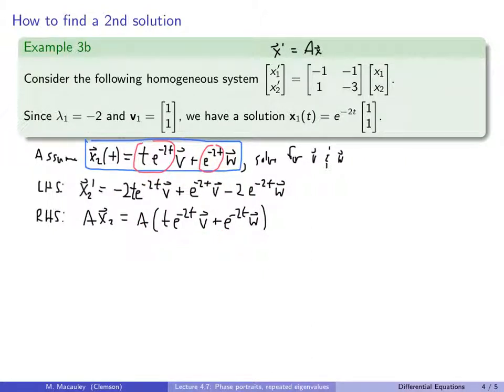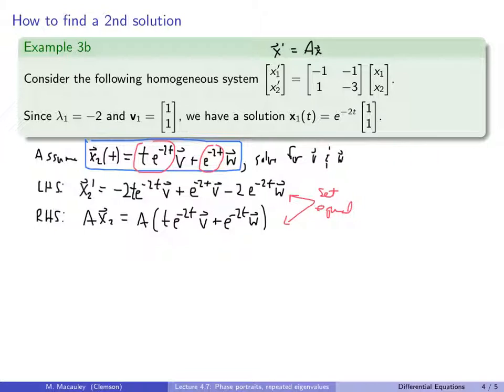So let's equate terms. Notice that if I multiply this out, I get A times, oh, I have two terms here, but every term either has t times e to the negative 2t in it, or it has just e to the negative 2t in it.